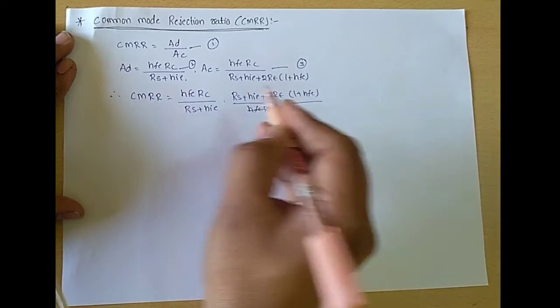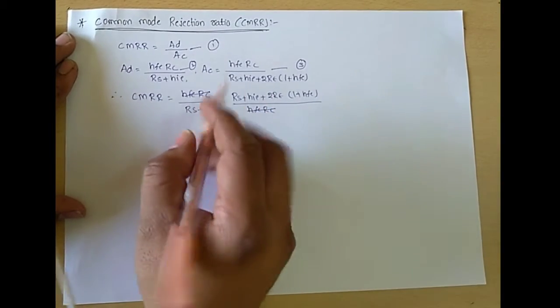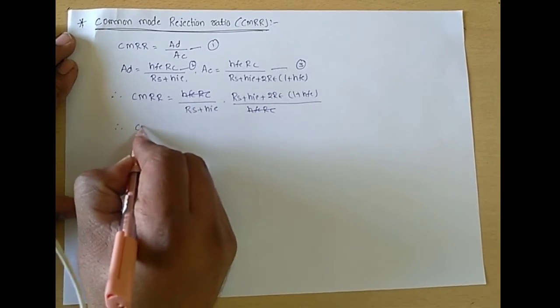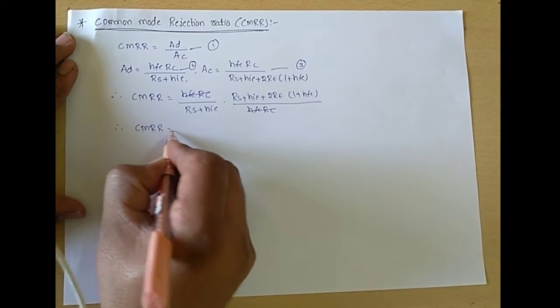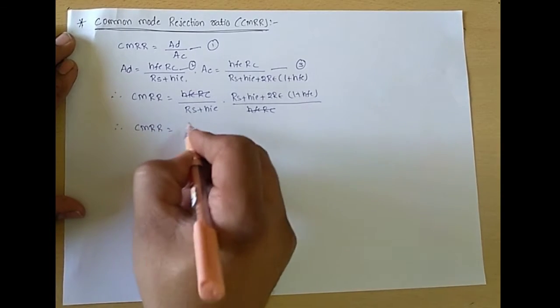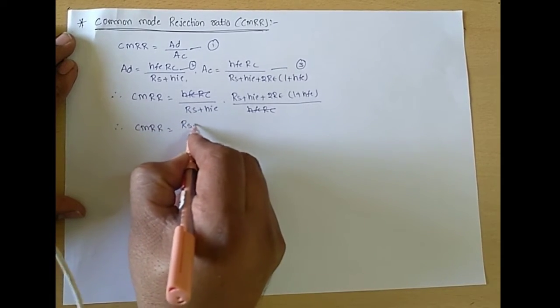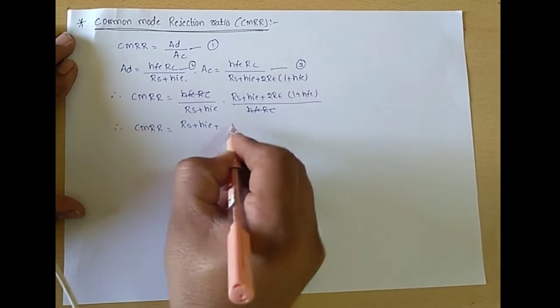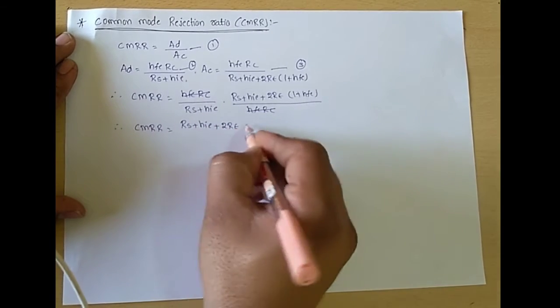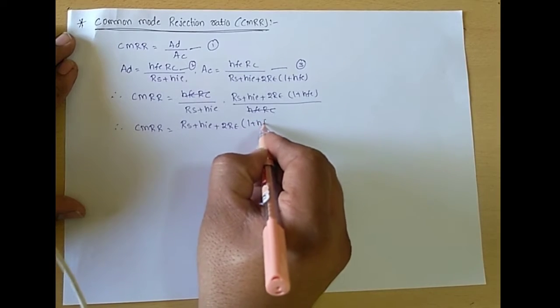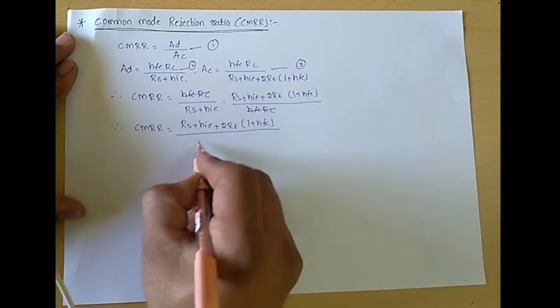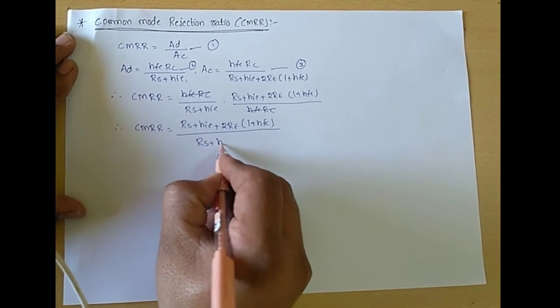Now this HFE RC cancels, therefore we get the common mode rejection ratio of the differential amplifier with respect to the hybrid model as RS plus HIE plus 2RE into 1 plus HFE whole by RS plus HIE.